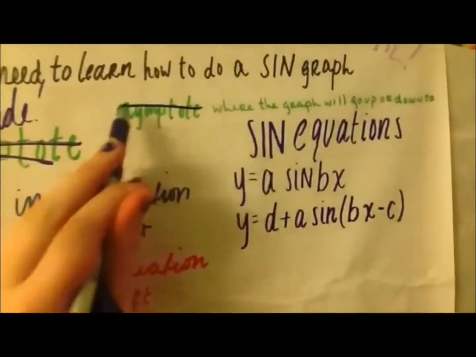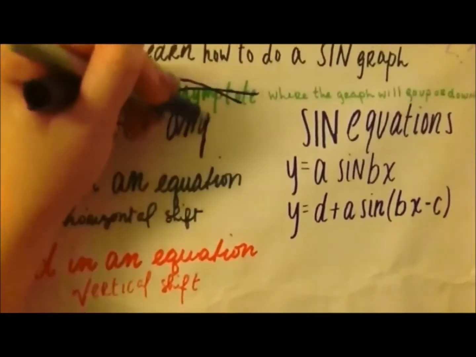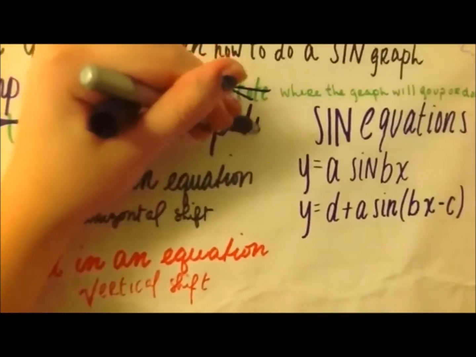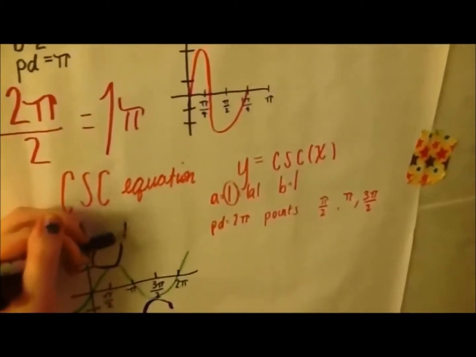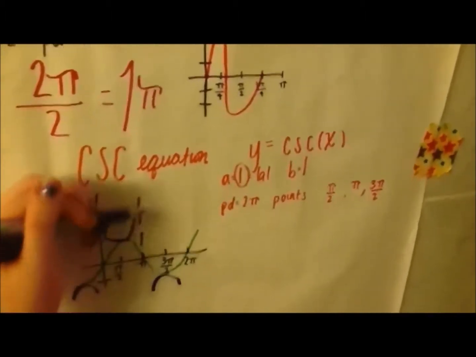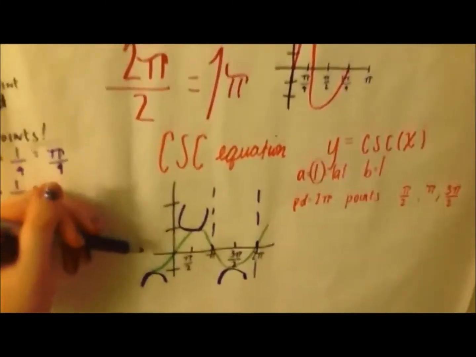And let me change that one, just so I don't mess up your brains. But the asymptotes are very important here in your cosecant, to go in between wherever your little peaks and valleys go.